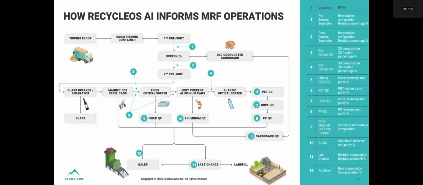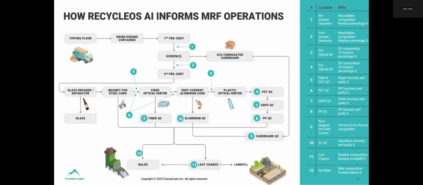Numbers 3 and 4. Let's say your MRF is using optical sorters. Putting AI before either a fiber or a container or 3D optical can allow you to monitor how your 2D versus 3D separation is doing. You get your fiber and your OCC and your container compositions. You can understand your primary recyclables capture rate.